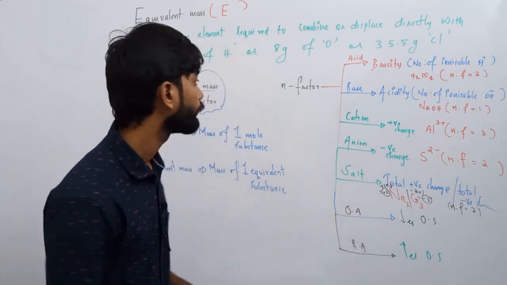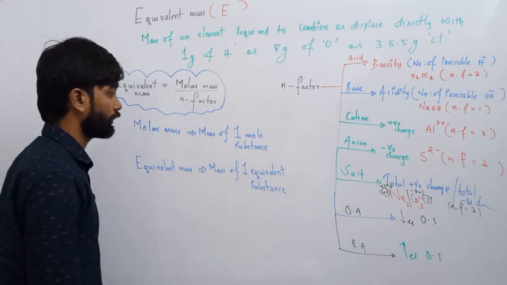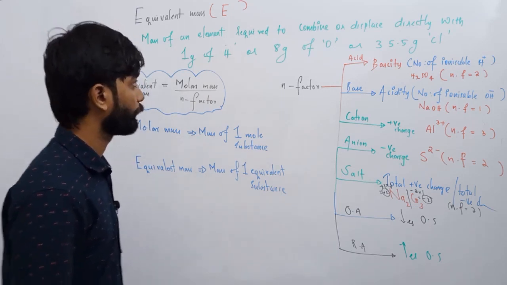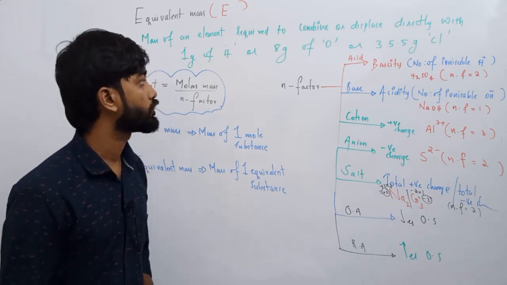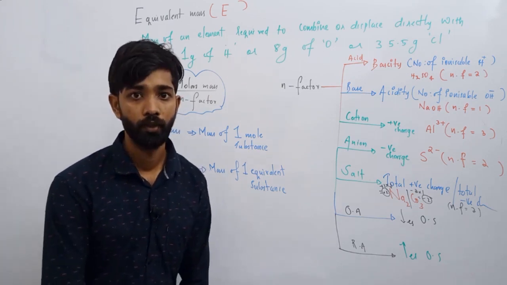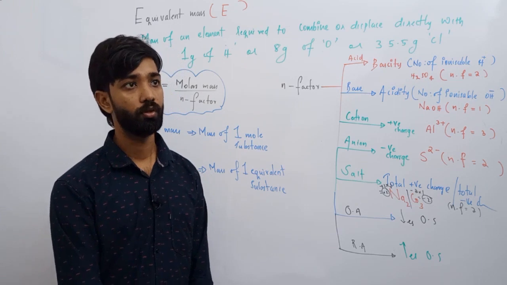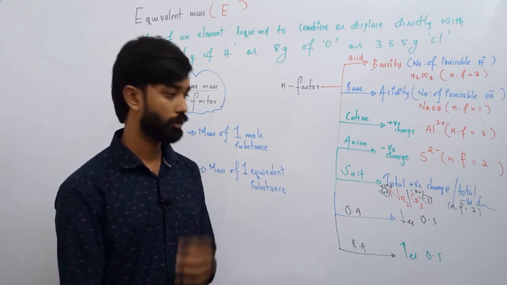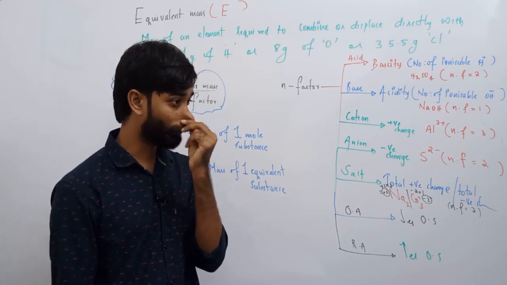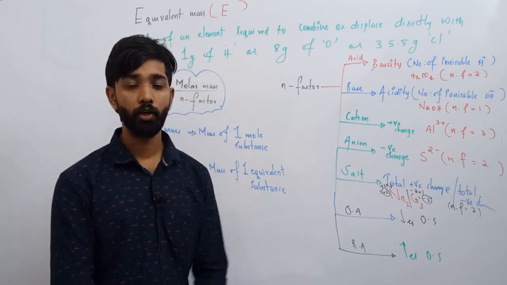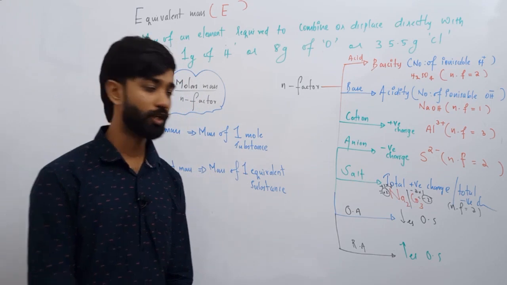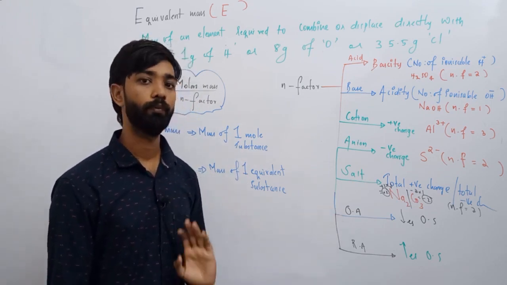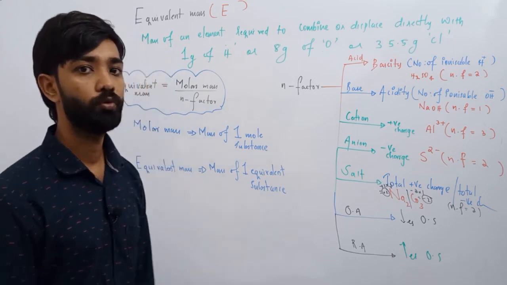So this is n factor. And you should know what is equivalence, number of equivalents, the relation between number of moles and number of equivalents, normality and molarity, and their relation with n factor. Let me discuss that also, then we can move to balancing.